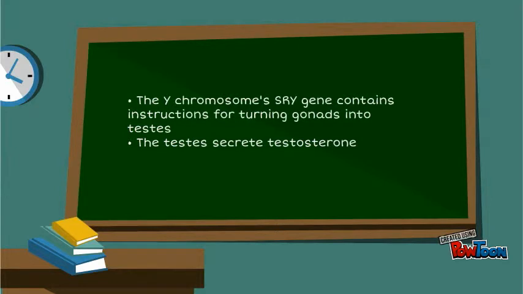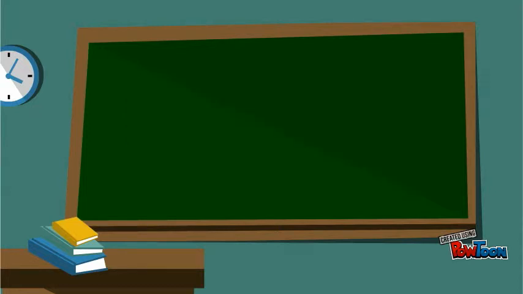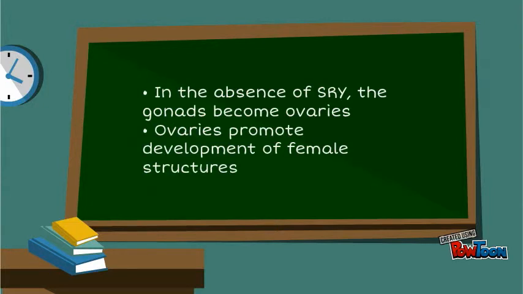The testes are going to start to secrete testosterone and other hormones. In the absence of SRY, so if you don't have any Y chromosomes, the gonads will become ovaries. And the ovaries will then secrete hormones that are going to control female development.